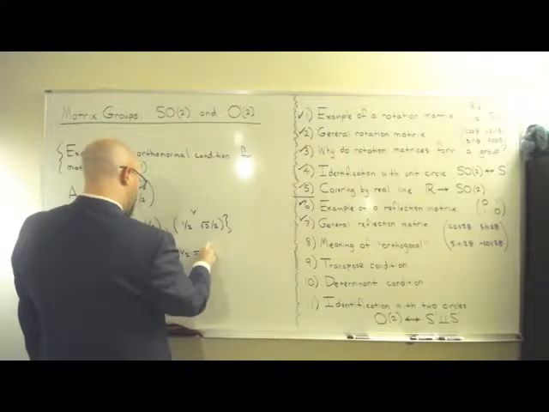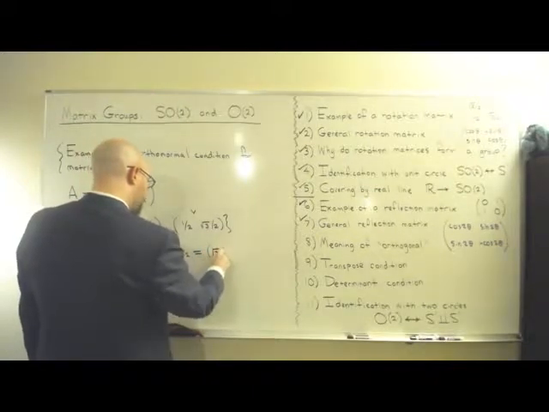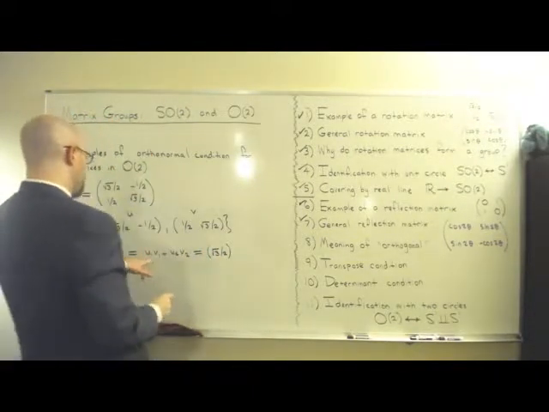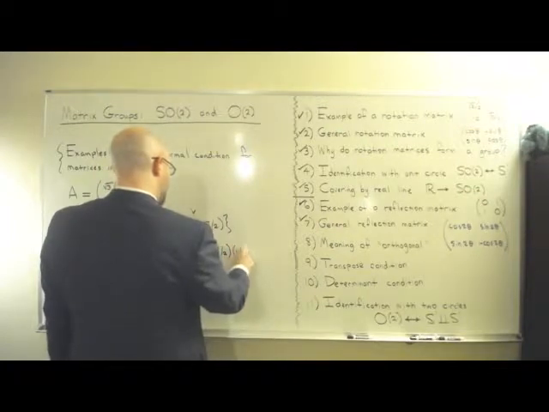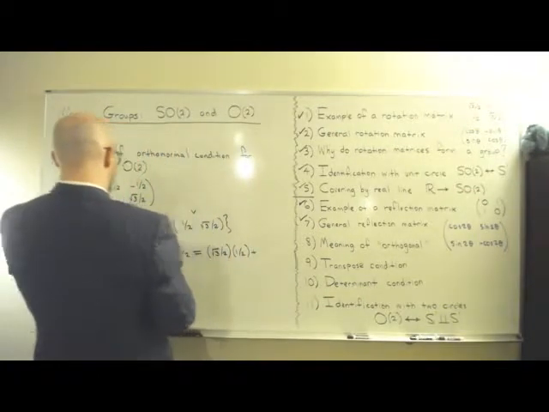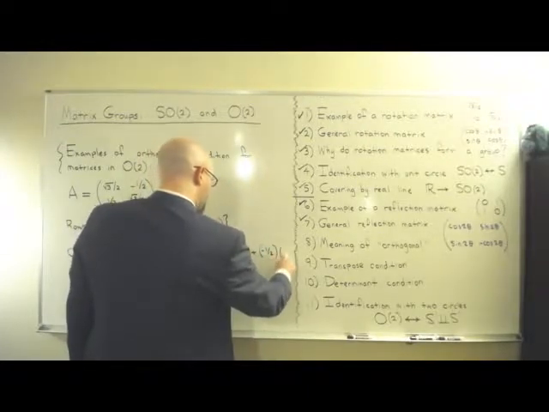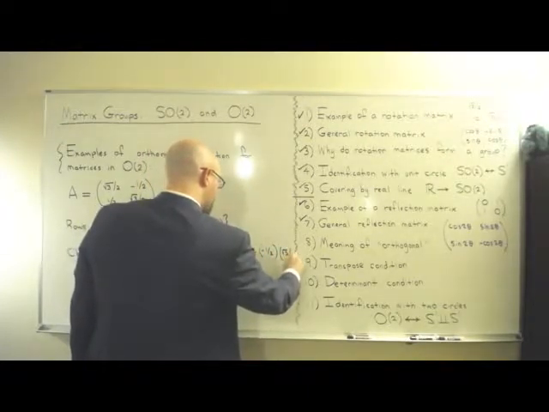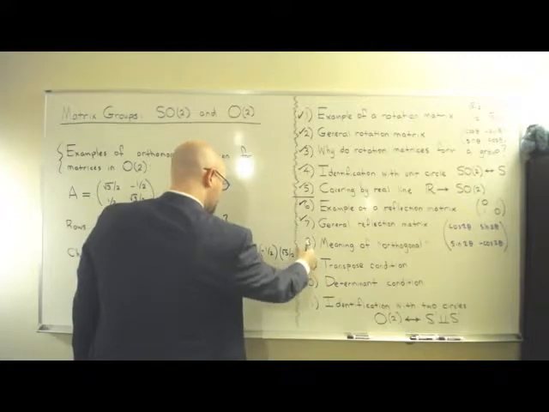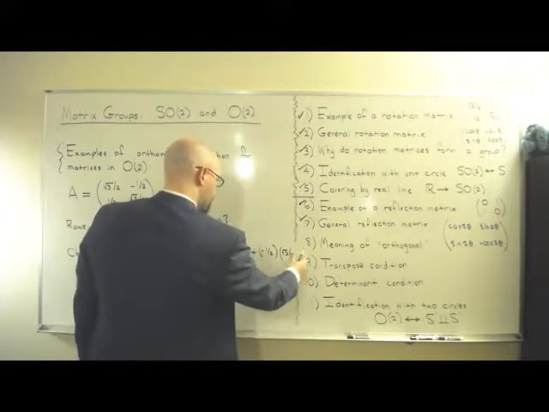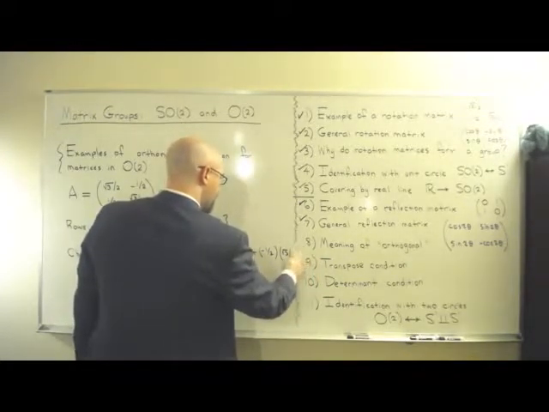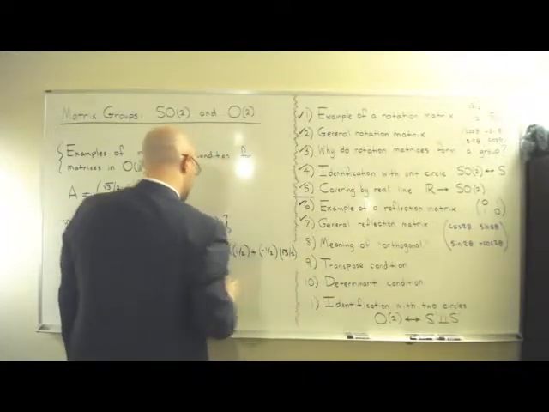The V1 is 1/2, plus, and then we have U2, minus 1/2, and V2, square root of 3 over 2.